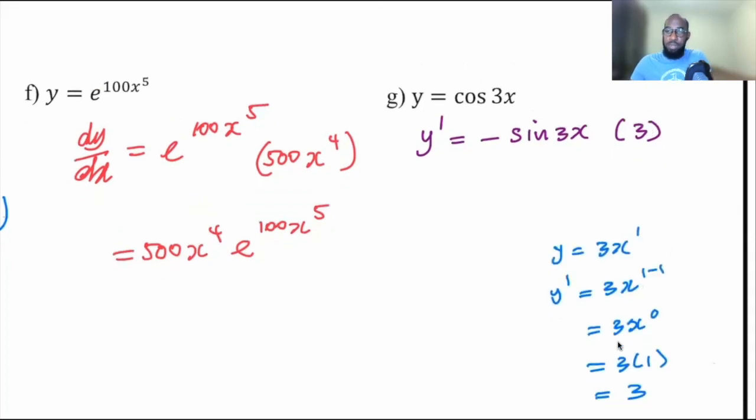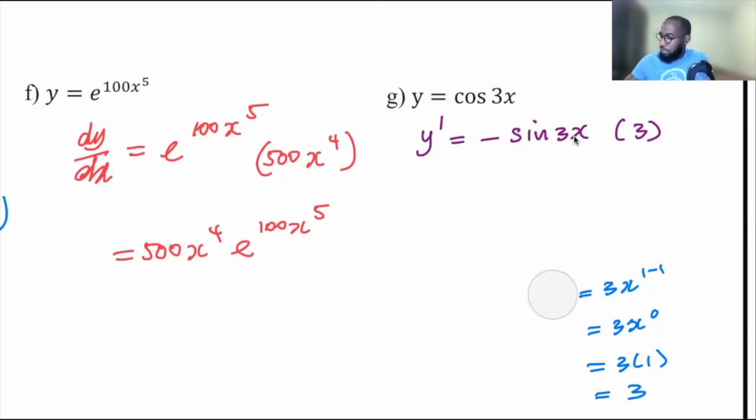That variable raised to the power 1, when you differentiate it, will be raised to the power 0, and that will be equal to 1, and you multiply that 1 by whatever number is in front. So generally, when you differentiate a variable raised to the power 1, the answer is the coefficient of that variable, or the number in front of that variable. So in this case, if you differentiate 3x, the answer is the number in front of the x, which is simply 3. All right.